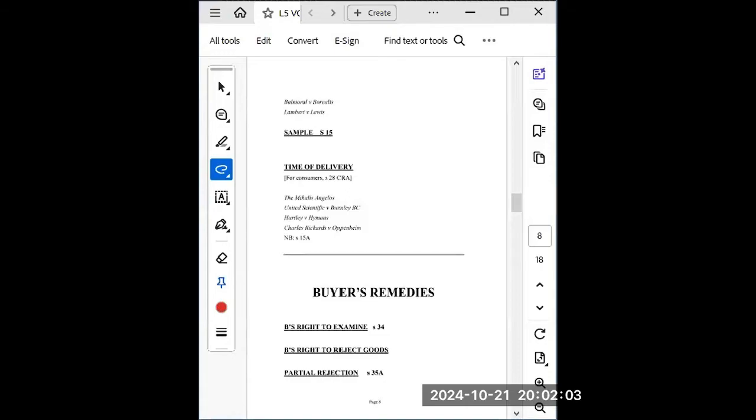Now, in Lambert against Lewis, the buyer bought a trailer which he attached to a car. The towing attachment was badly designed, and when the buyer was driving, the towing attachment broke. The trailer crashed into the car coming the opposite way. It killed the driver. The dead driver's family sued the buyer for negligence. The buyer sued the seller for breach of Section 14. The House of Lords said, yes, there was a breach of Section 14, but the buyer cannot claim against the seller.